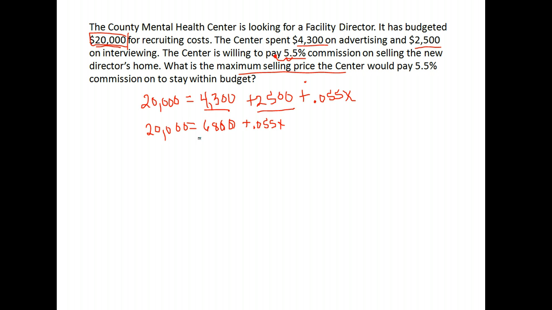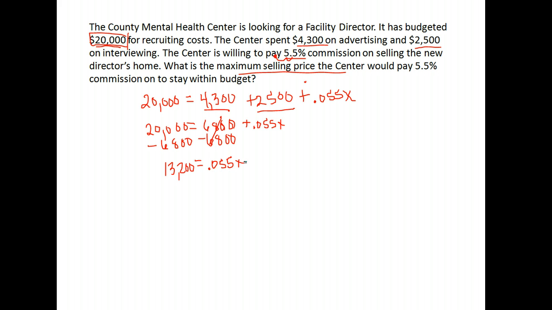We solve from there, so we want to go ahead and subtract the 6,800 from both sides, leaving us with 0.055x on the right side. On the left, we get 13,200.